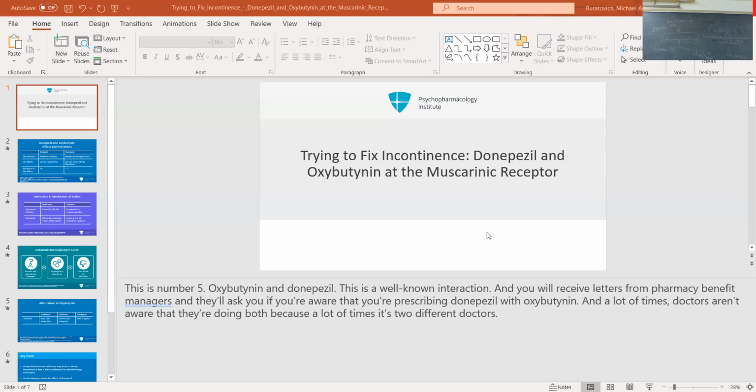And it's the acetylcholinesterase inhibitor, but that causes urinary incontinence. It increases cognition, but it does so at a risk of causing some urinary incontinence. Actually, only about 7% of people on this drug get urinary incontinence, but it can be really annoying and embarrassing.